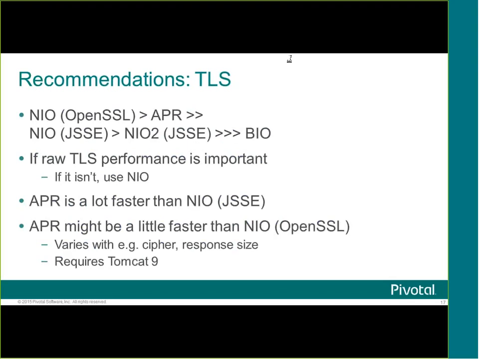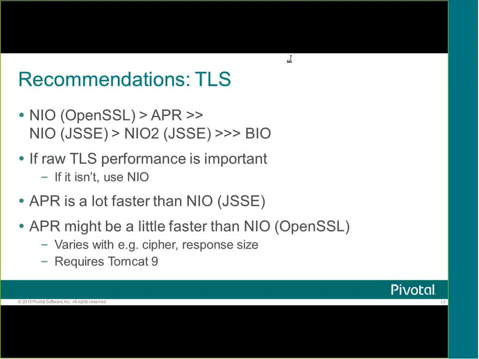With Tomcat 9, you probably want to be using NIO and OpenSSL, although the performance, again, is very much dependent on the type of load that's applied, so that is certainly something that you are going to want to test. It's certainly the case that in 99% of scenarios, APR is going to be faster than NIO with JSSE, and also NIO2 with JSSE.